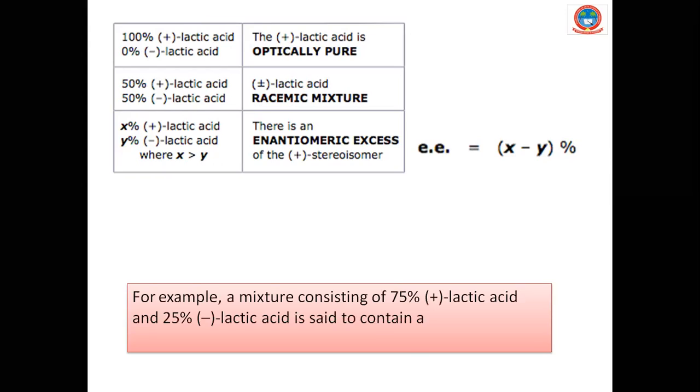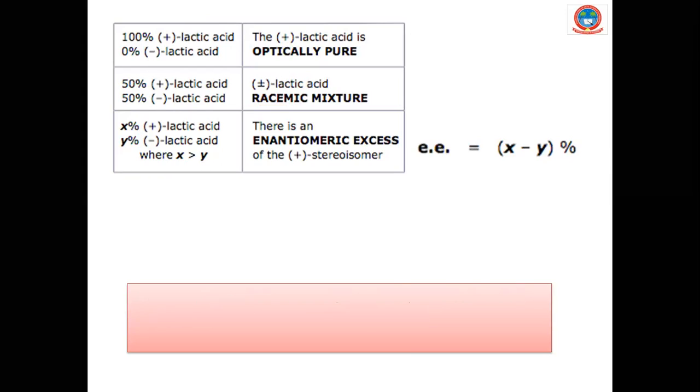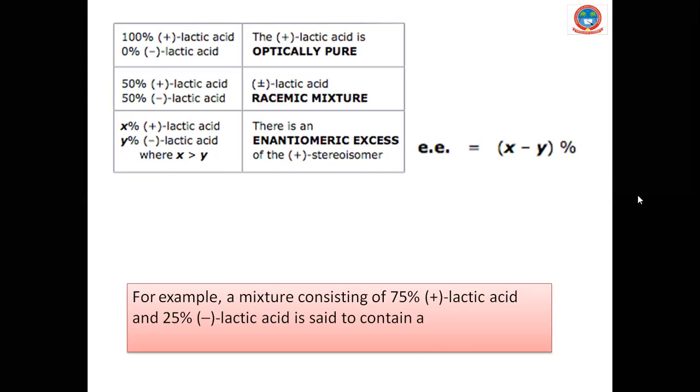For example, suppose there is a mixture having 75% plus lactic acid and 25% minus lactic acid, and this sample is given to you and you are asked which enantiomer is in excess. This is the formula going to be applied for enantiomeric excess. So 75 is x and 25 is y. So the result will be 50% enantiomeric excess.